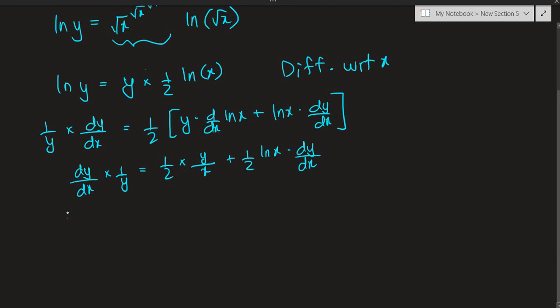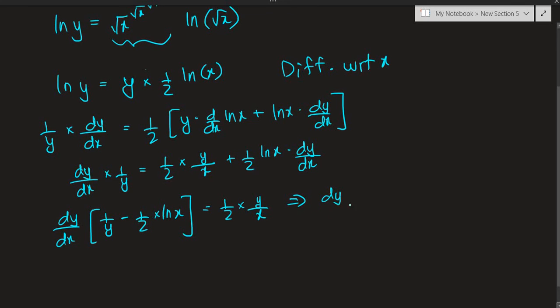Let's collect these dy over dx terms. So we have dy over dx times 1 over y minus half of the natural log of x equal to half of y divided by x. Now we can take the LCM of this dy over dx multiplied part. We get dy over dx times 2 minus y times the natural log of x divided by 2y, equal to half of y per x.